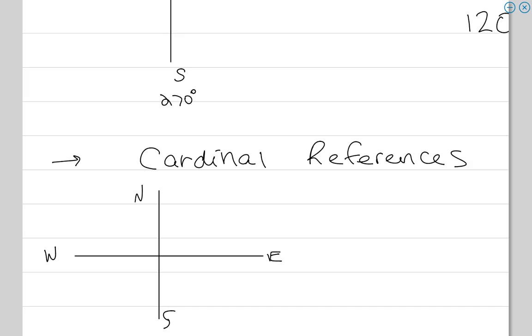So again, let's just draw in that vector. 30 degrees right here. Now you can write this in two different ways, but I think this is the most straightforward way of communicating. You would say this angle is 30 degrees west of north.